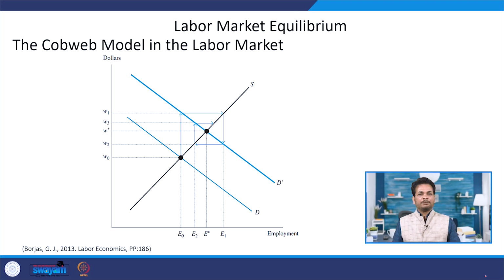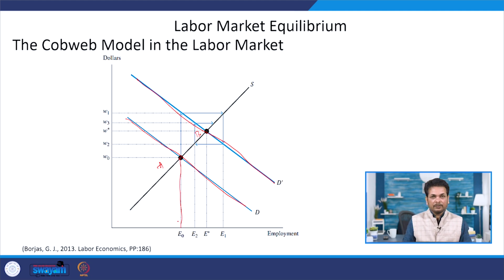So, what happens when there is a shift in the demand function? Now, the demand function has shifted from D to D1, and the equilibrium point should have moved from point A to point B. But at this point of time, in the engineering labor market, there are only E0 workers available, and to reach E star, it takes some time.